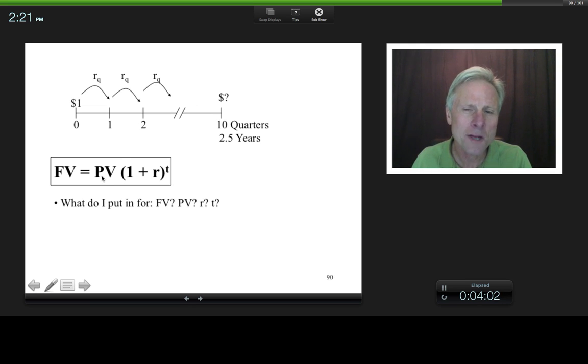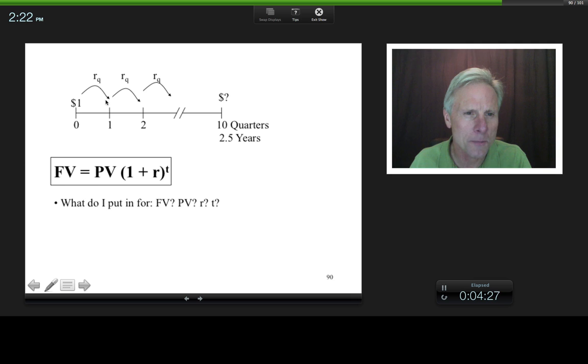What do I put in for present value? Well, I'll start with the $1, the earlier value. What do I put in for R? Well, I'm going to bring this dollar forward on a quarterly basis, so I better be working with an effective quarterly rate, which we've already calculated to be 2%. And what will my T be?